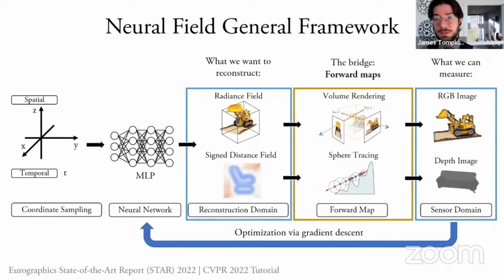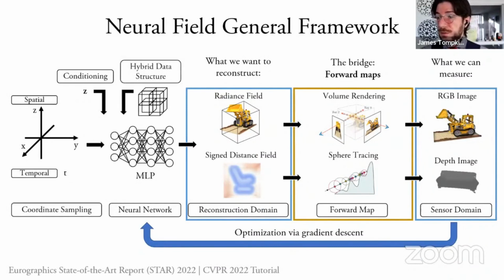Lots of people then augmented this to provide additional priors, oftentimes through conditioning, where we add some latent vector z into either the coordinates or injected into the MLP in various different schemes. And then also how to introduce hybrid data structures that allow us to increase the capabilities of the MLP, typically for efficiency reasons.